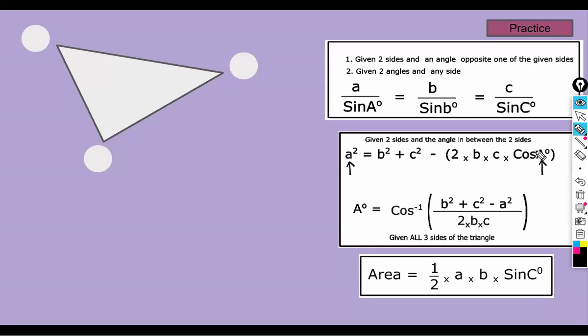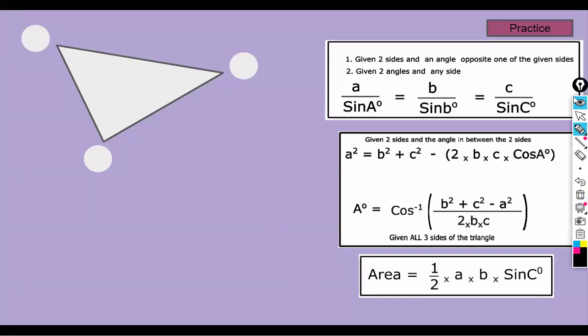Capital letters represent angles. And you notice all the other letters go in between. If I have small a here and capital A here, all the other small letters are not a. It's every other small letter in the triangle. So you have to look for a pattern. You just have to look for a pattern.